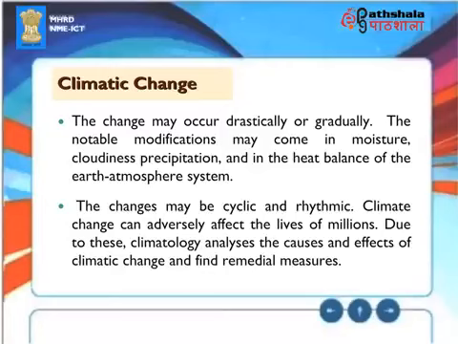The change may occur drastically or gradually. The notable modifications may come in moisture, cloudiness, precipitation, and in the heat balance of the Earth-atmosphere system. The changes may be cyclic and rhythmic. Climate change can adversely affect the lives of millions. Due to this, climatology analyzes the causes and effects of climatic change and finds remedial measures.